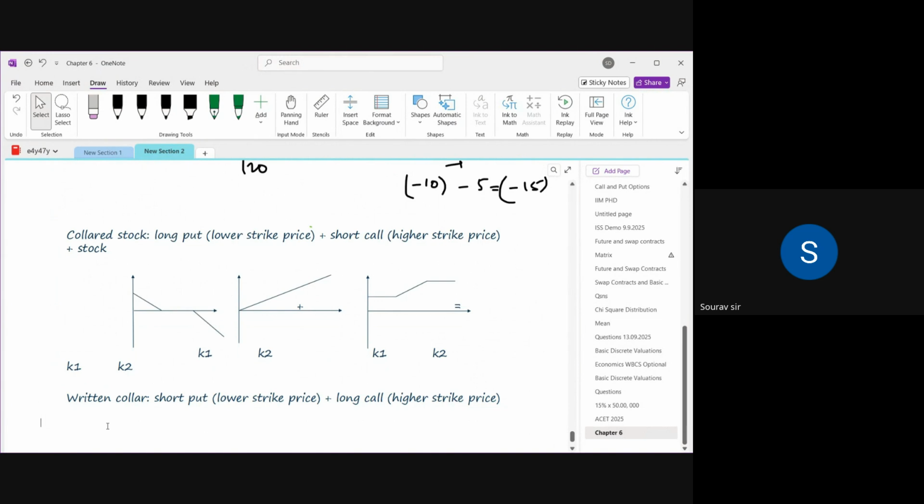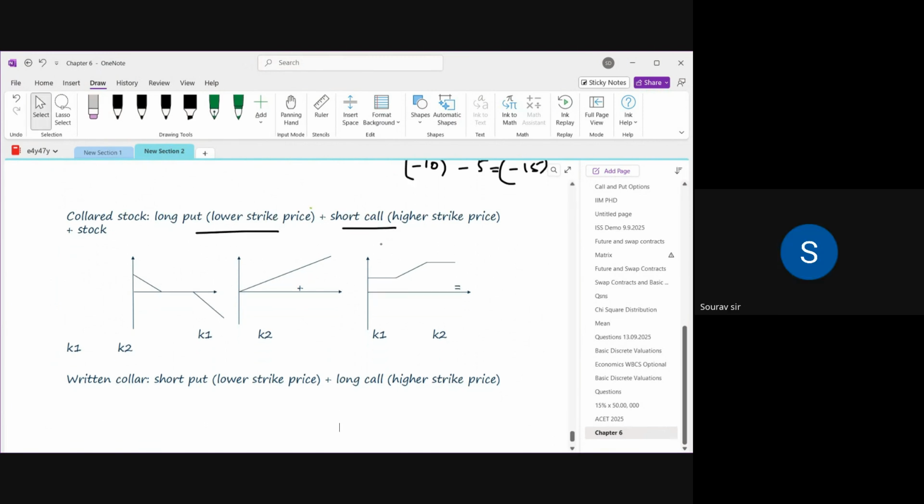What is a collared stock? A collar applies to a stock position, which means you own the stock and then you buy a put and you sell a call. So this creates a band. And what is the payoff structure for the same?